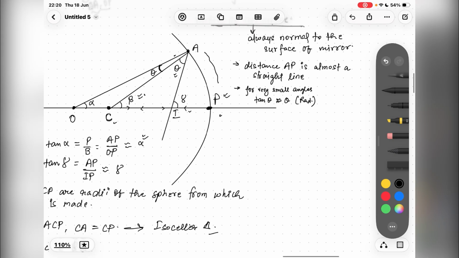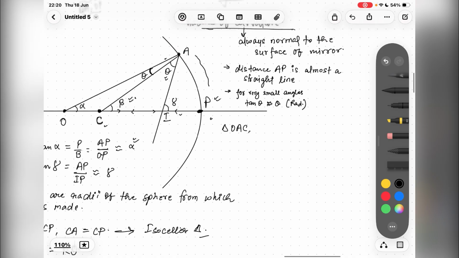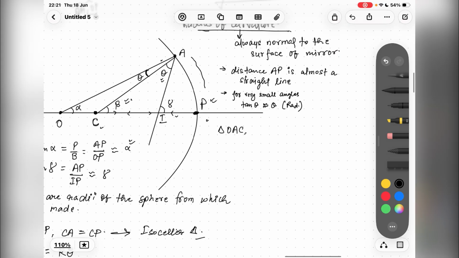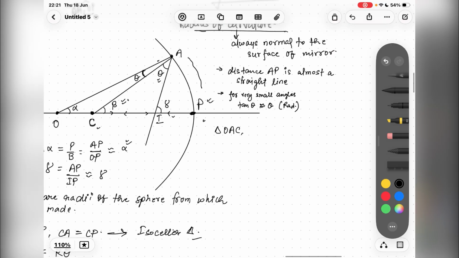Okay, so in triangle OAC, we have beta equals alpha plus theta.